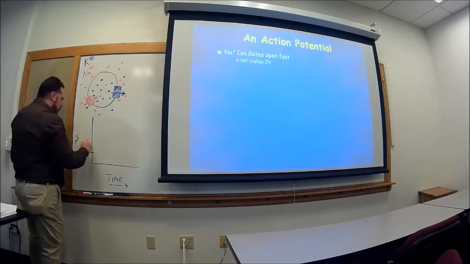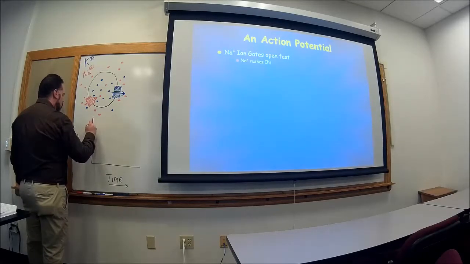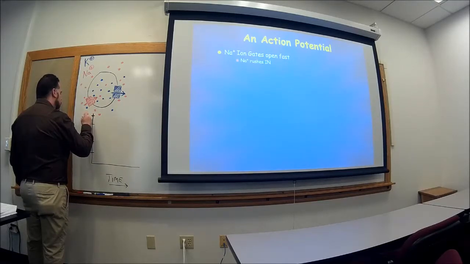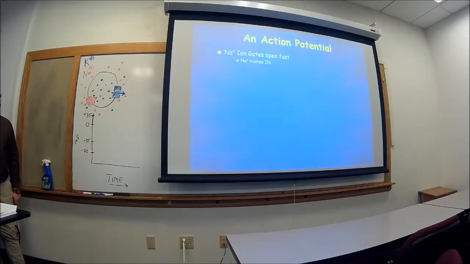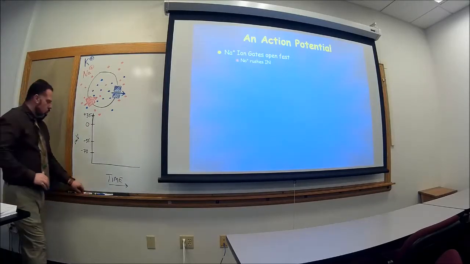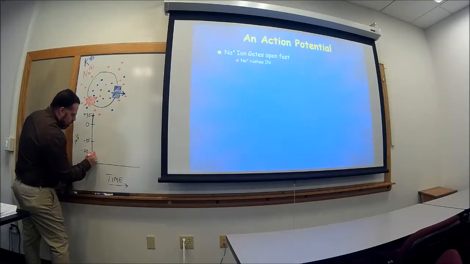So we have negative 70 here, negative 55 here, 0 here. We'll say that this is positive 35. Those are the ones you should know. So we have a resting potential at negative 70.